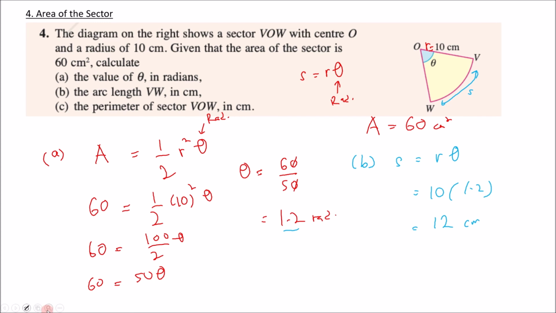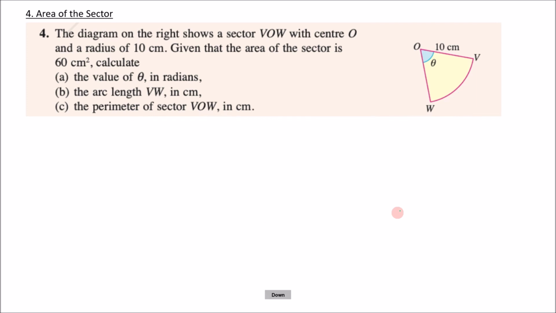Then lastly, we need to find the perimeter of the sector. The perimeter is the total length of all sides.